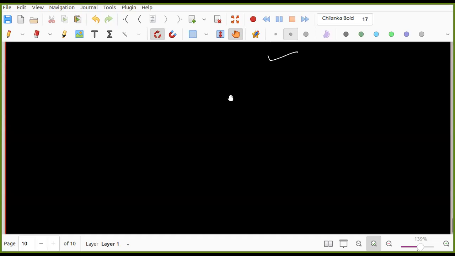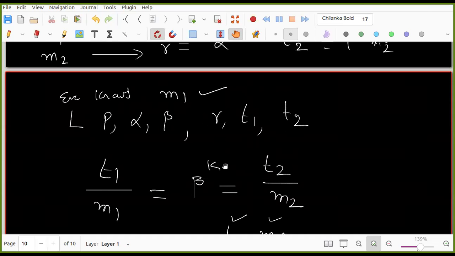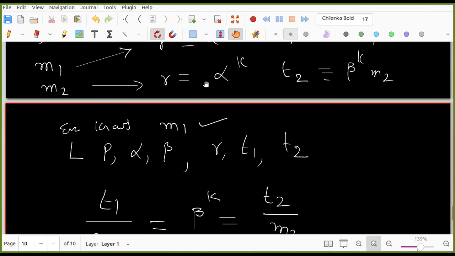How does Eve know T2? Alice sends R comma T to Bob, T1, T2. While sending, Eve knows them. Eve has that power; whatever is going on in the channel, she will get it.